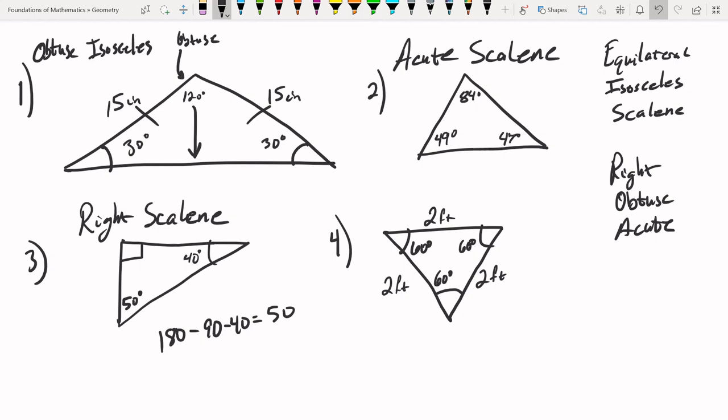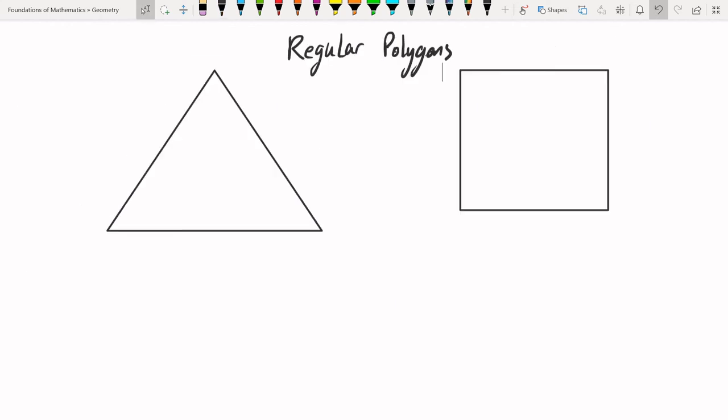And we have an equilateral triangle. You could say an acute equilateral because all of them are less than 90 degrees. But that is always the case with an equilateral triangle. So an equilateral triangle means it's an acute equilateral. It by default has to be acute.